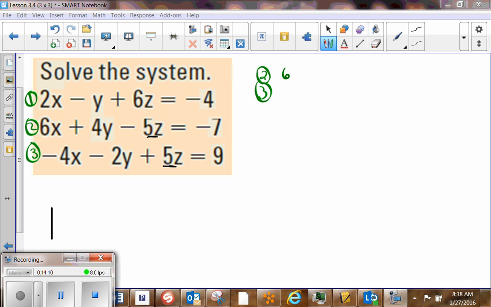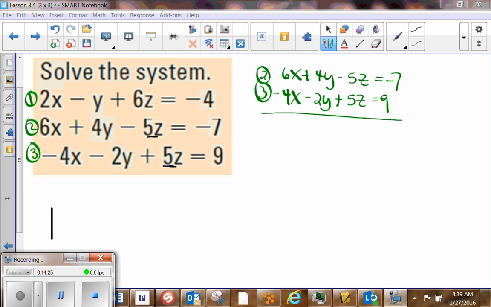So I'm putting together 6x plus 4y minus 5z equals negative 7, together with negative 4x minus 2y plus 5z equals 9. So this is going to give me 2x plus 2y. Those cancel. Okay?